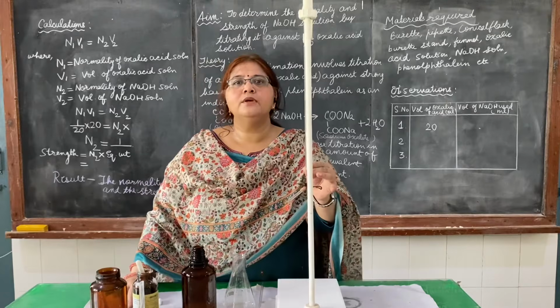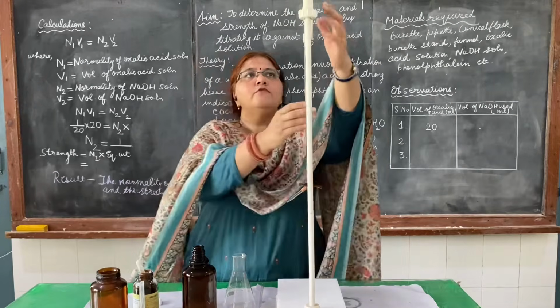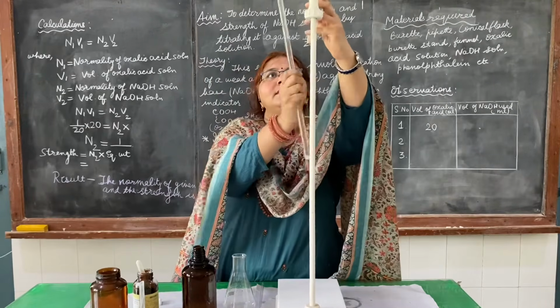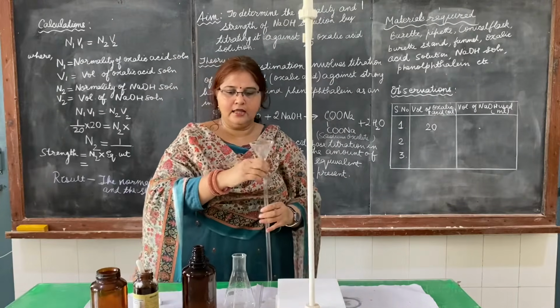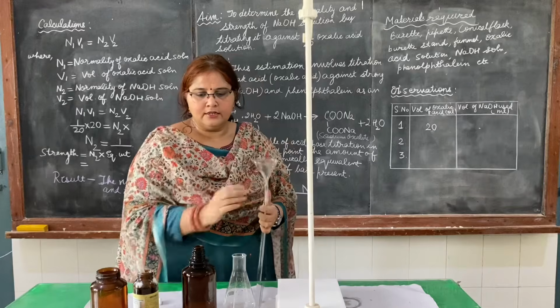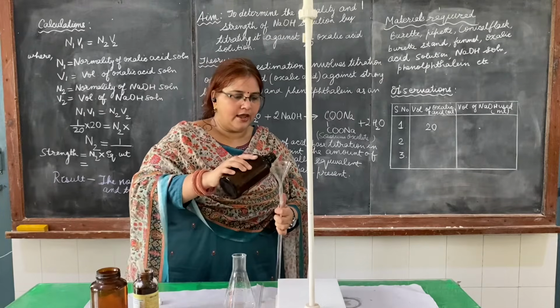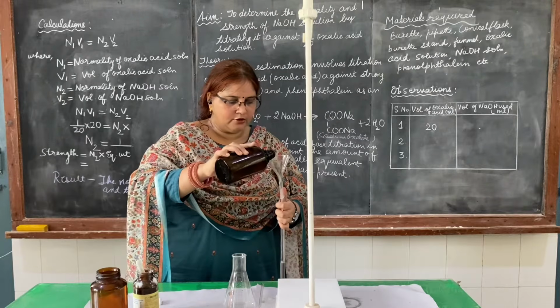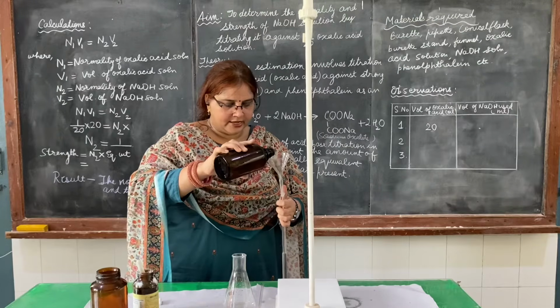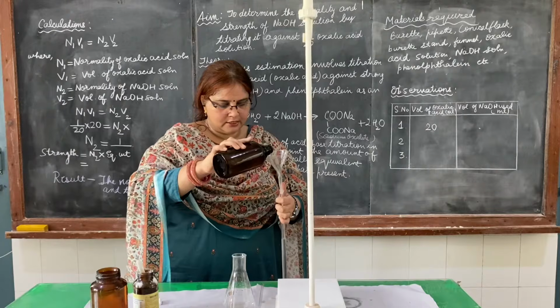Fill the burette with NaOH solution. For this, put the funnel over the burette, take the NaOH solution and add it up to the 0th mark, which is the 50 ml solution.